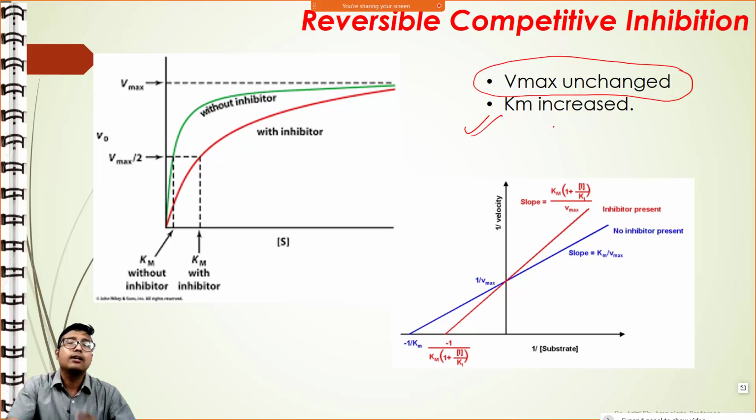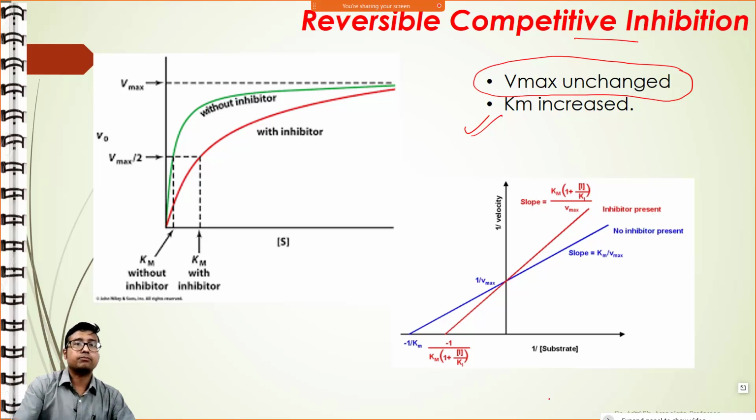So the affinity of the enzyme for the substrate is lowered in the presence of a competitive enzyme inhibitor. Again I am repeating the sentence, you can write it down. The affinity of the enzyme towards the substrate is lowered in the presence of a competitive enzyme inhibitor, right?